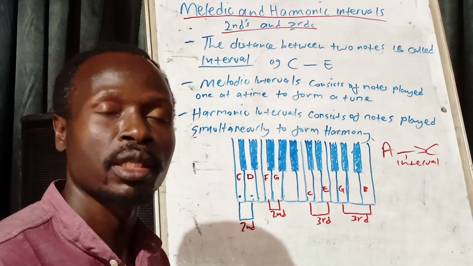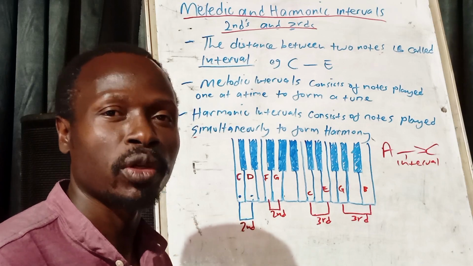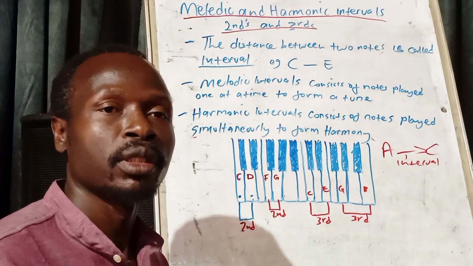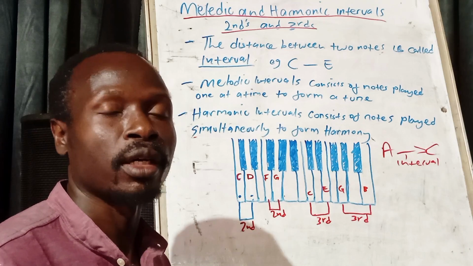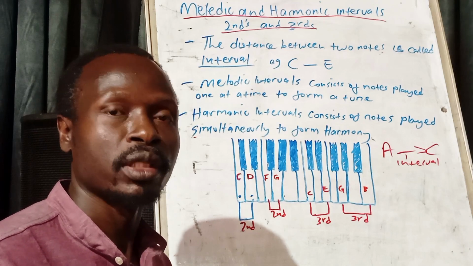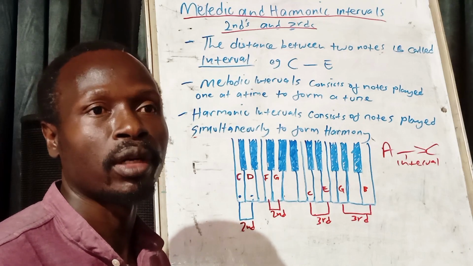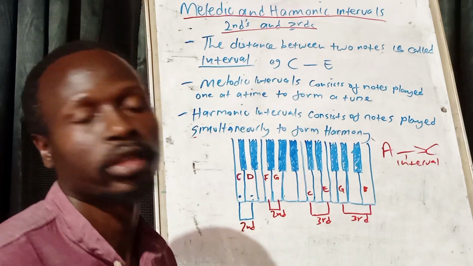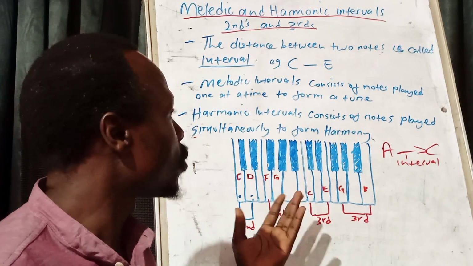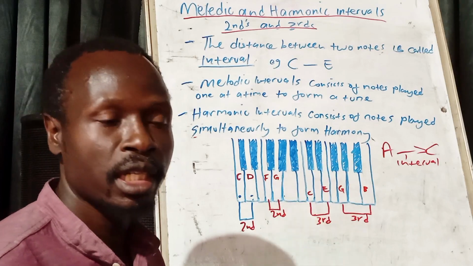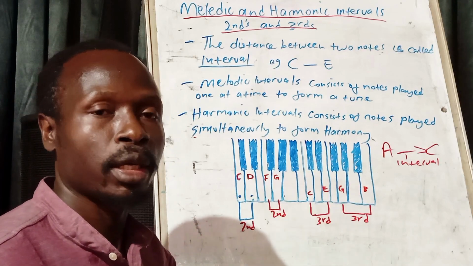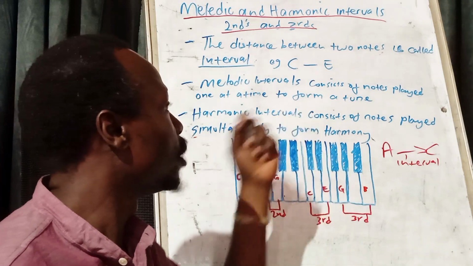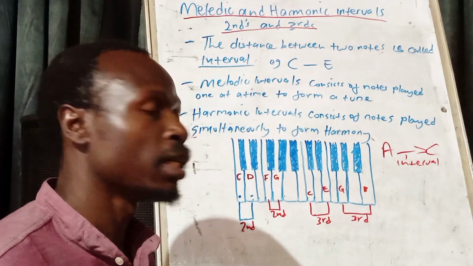A chord is two or more notes sounded together at the same time to bring out sound, and this sound is what we call harmony. The harmony is the same thing as chord. So we have two types of intervals: harmonic intervals, where you play more than one note at the same time, and melodic intervals, where you play single notes.